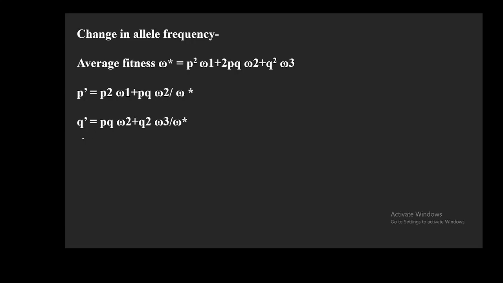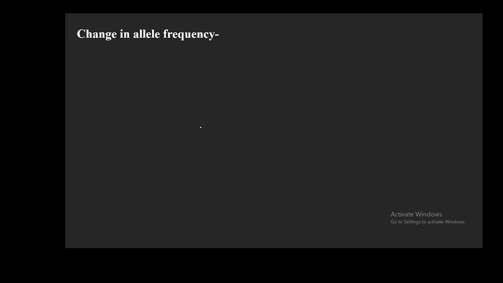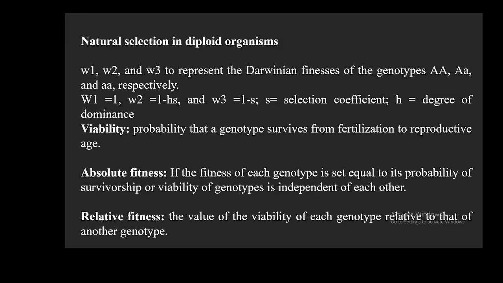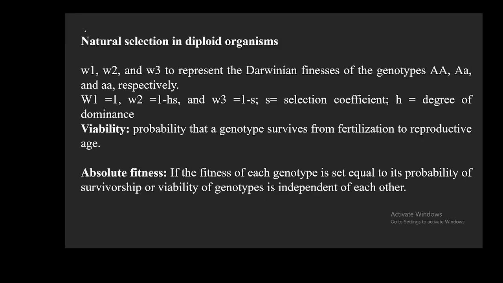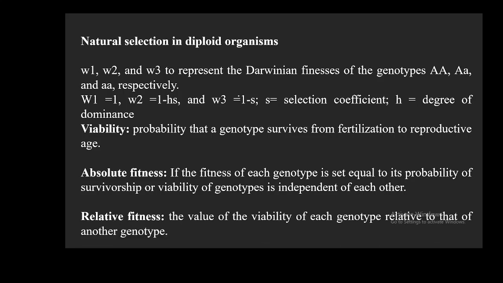Similarly, the frequency of the other allele, q prime, is equal to pq omega 2 plus q squared omega 3, divided by omega asterisk. Omega 1, omega 2 and omega 3 we have already seen. Omega 1 is the relative fitness, or Darwinian fitness, of capital A capital A, omega 2 is for capital A small a, and omega 3 is for small a small a.